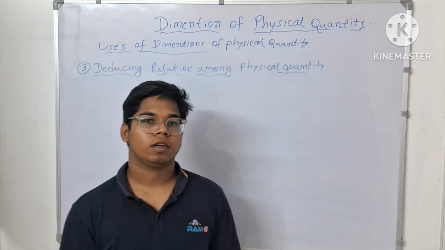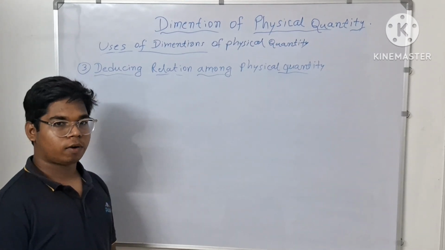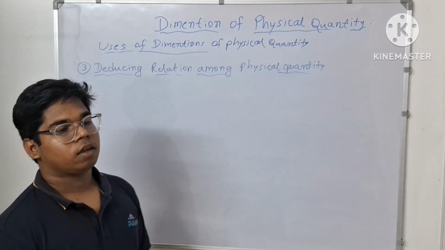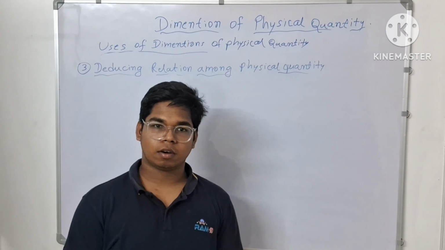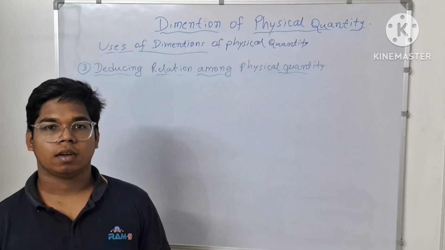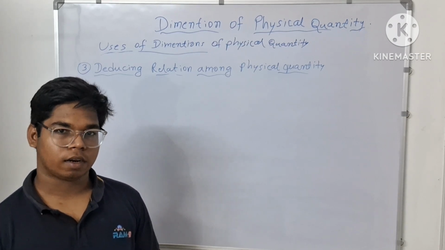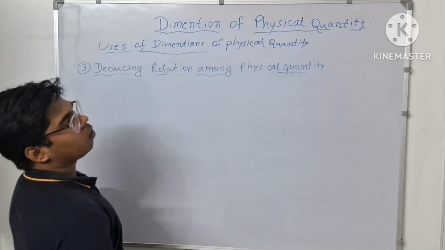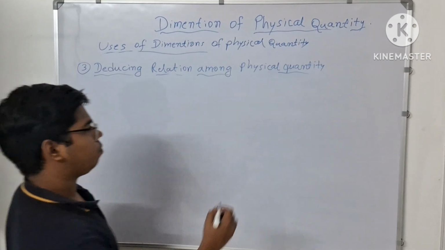So the next use of dimension is deducing the relation among physical quantities. If we know any physical quantity is related to some other physical quantity, then we can deduce the relation among these physical quantities by using dimensional analysis. So we will understand it by taking an example of a simple pendulum.